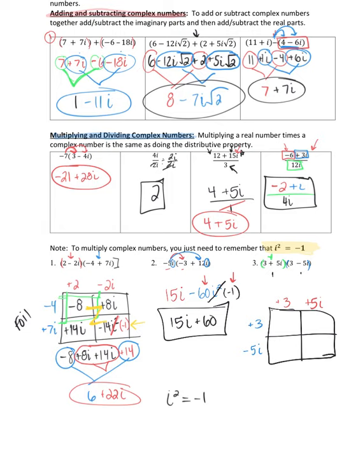So I'm first going to multiply this first box. And 3 times 3, I know, is 9. Then I'm going to multiply 3 times 5i, which gives me a positive 15i. Then I'm going to multiply negative 5i times 3, which gives me a negative 15i.